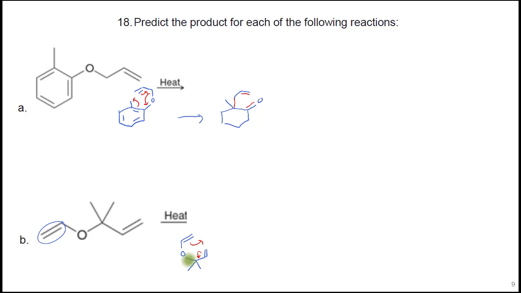This will go here, and we're going to form a carbon double bond oxygen over there. So this is here before. I have a new carbon double bond oxygen, and I broke that bond there. This is new, and then I have a new bond right there.